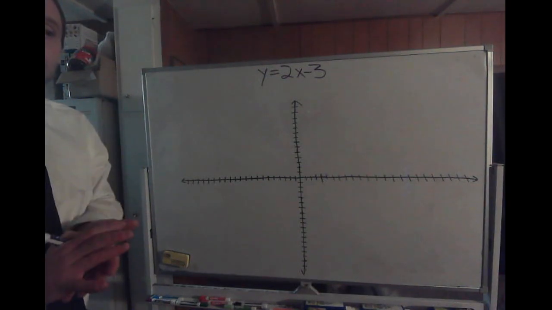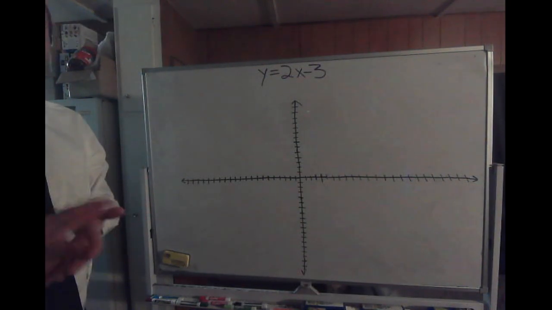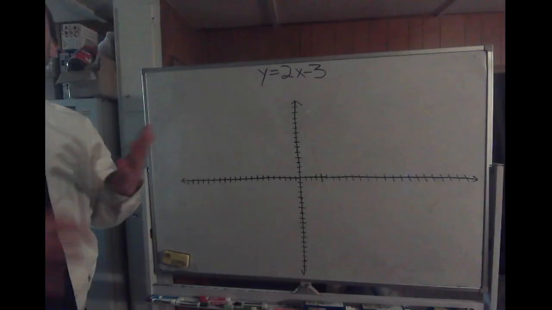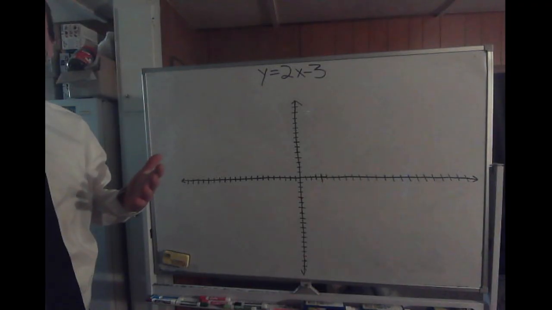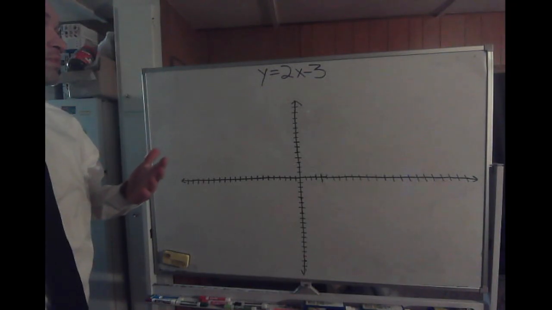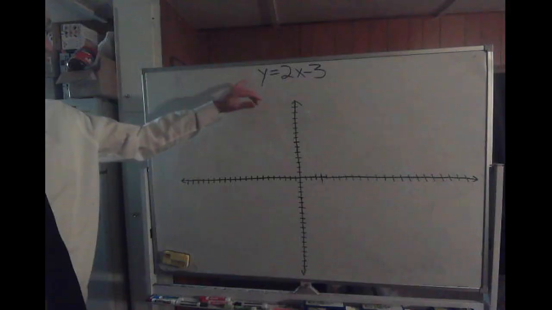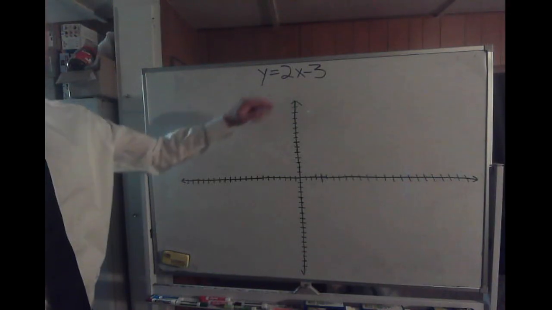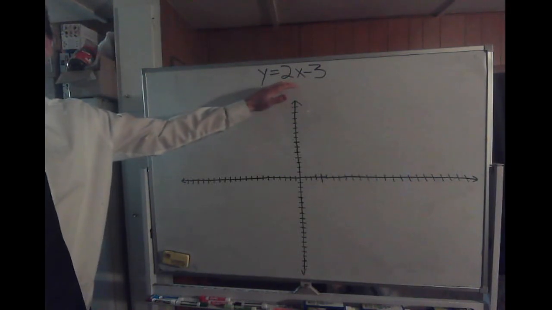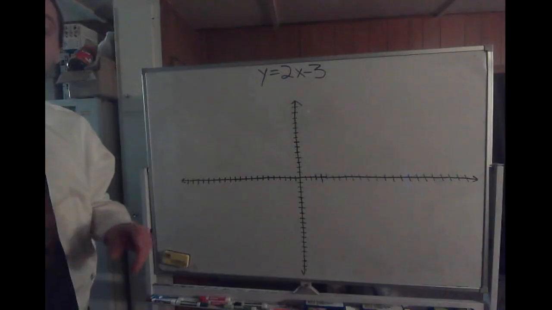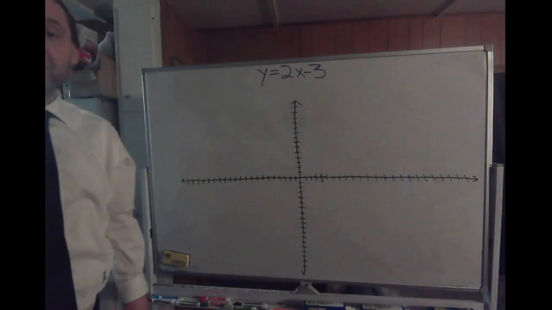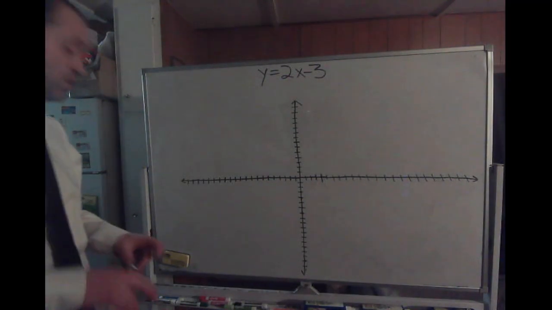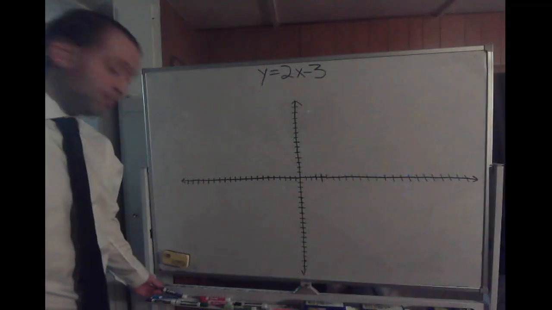Whenever you have a linear function, it's always in slope-intercept form. Always. So if this were f of x equals 2x minus 3, just know that this is in slope-intercept form. That's especially going to come in handy when we get into algebra 2. So just keep that in mind.